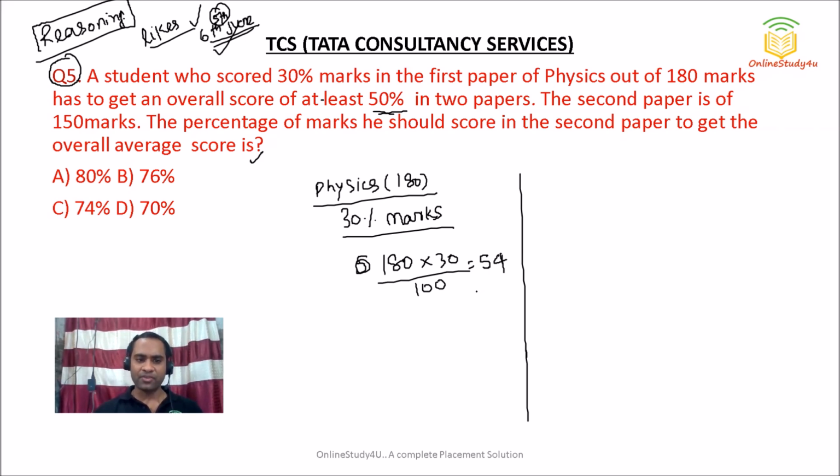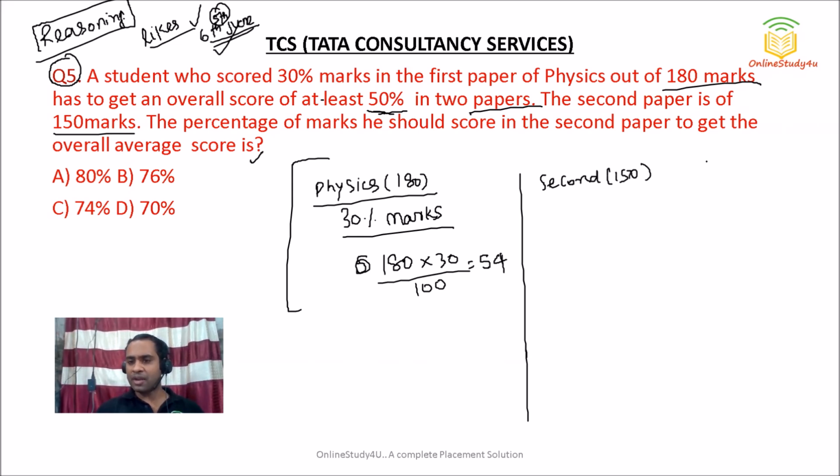A student who has scored 30% marks in the first paper of physics out of 180 marks has to get an overall score of 50% in the two papers. So the first paper is 180 and the second paper is 150 marks.